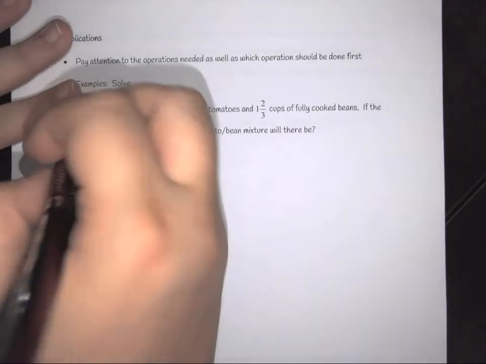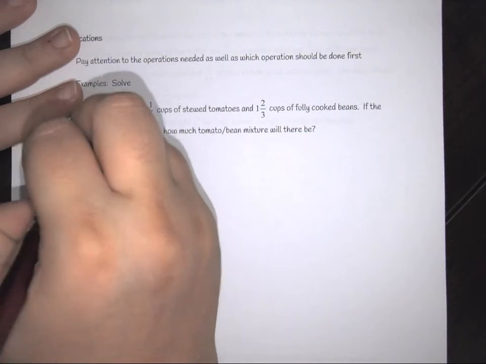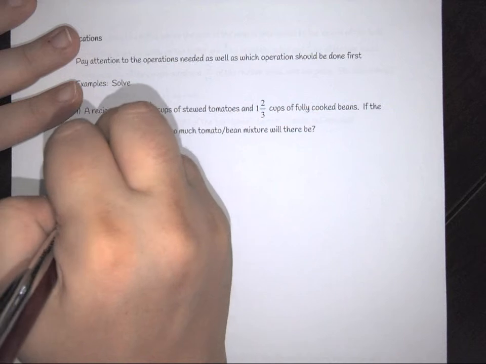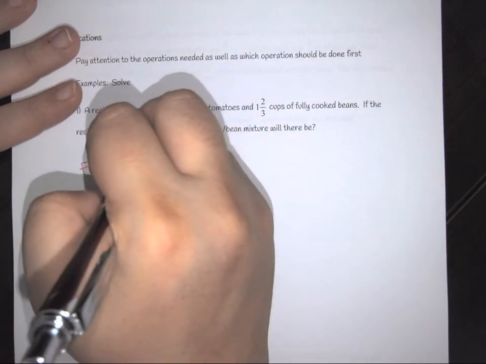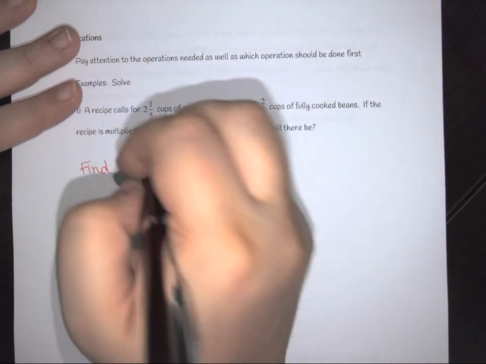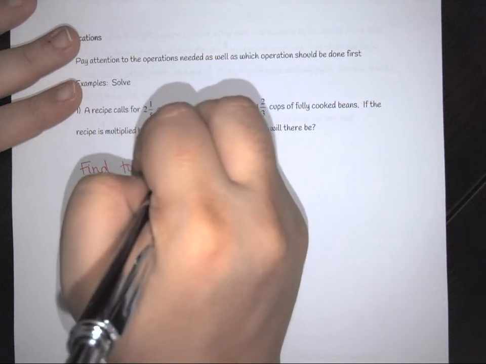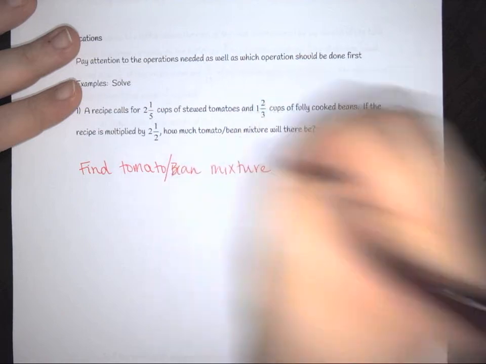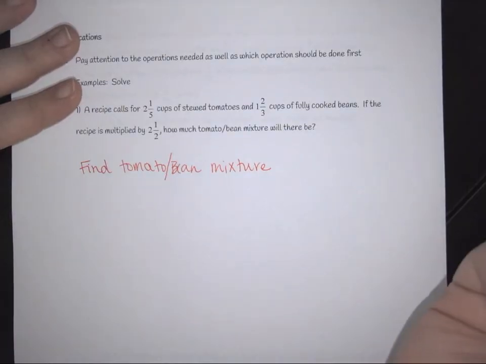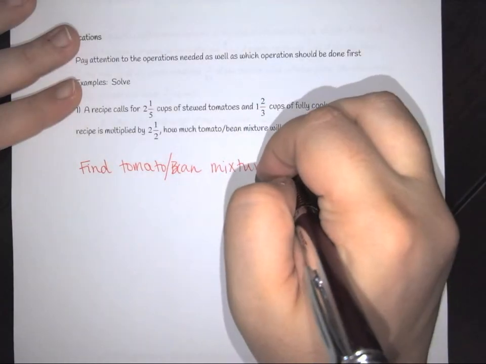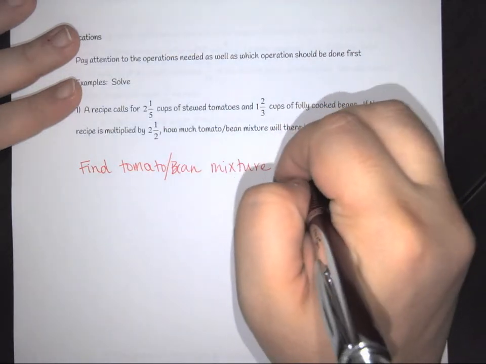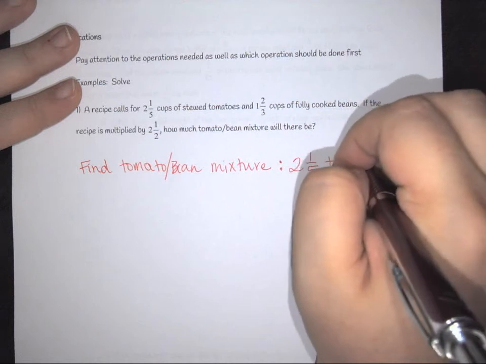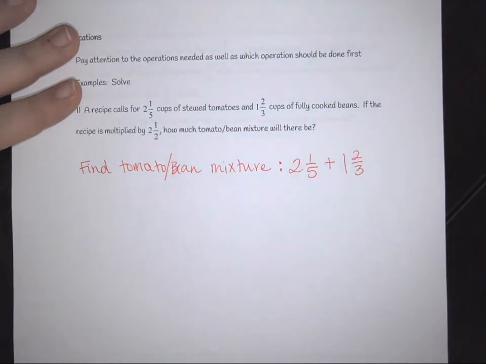So the first thing that we have to do is find the tomato bean mixture. Well, the tomato bean mixture is going to be found by adding together 2 1/5 cups of tomatoes and 1 2/3 cups of beans.